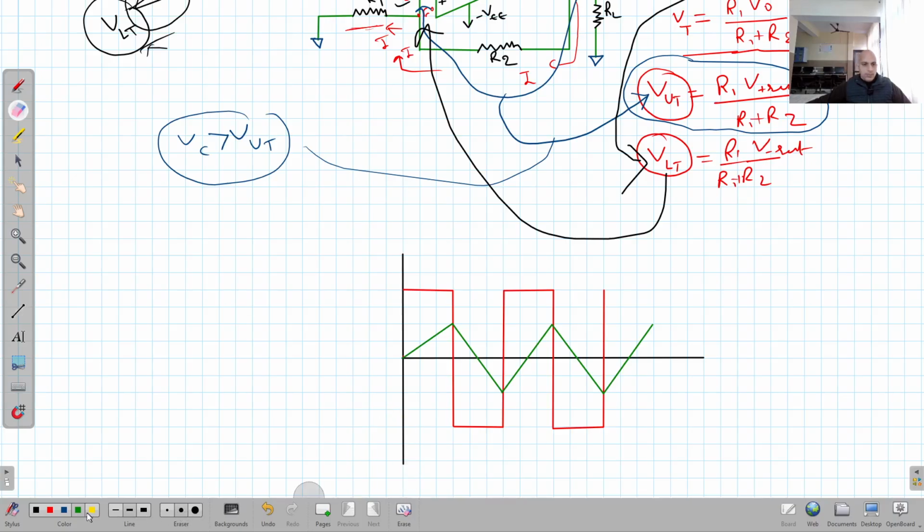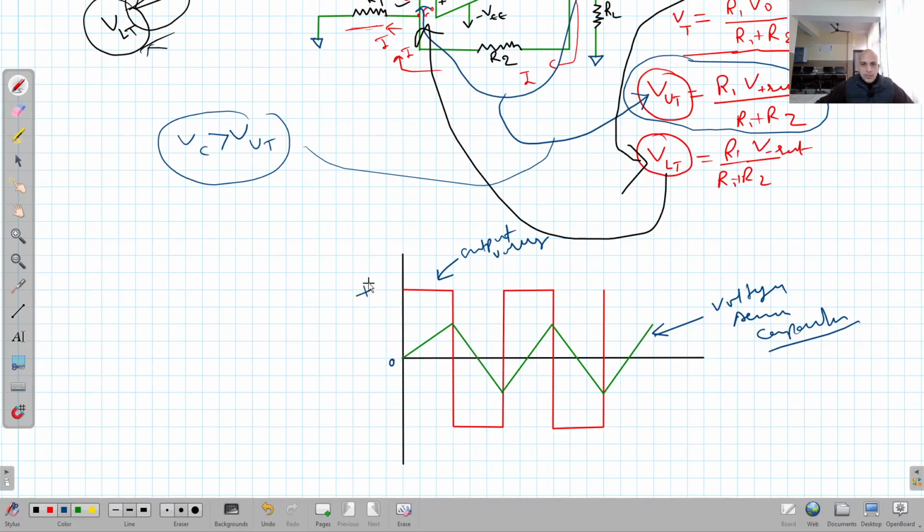Now, this is the output voltage. This is the voltage across a capacitor. And this is 0.